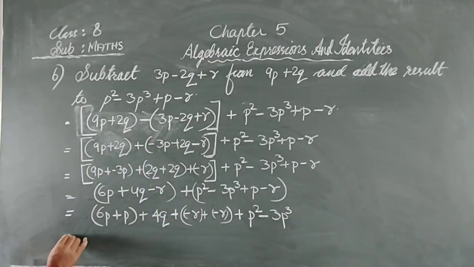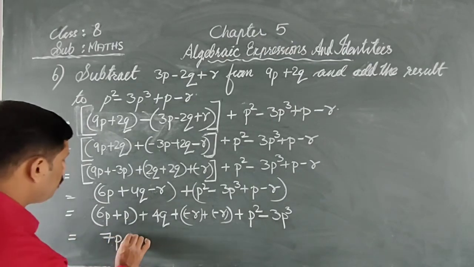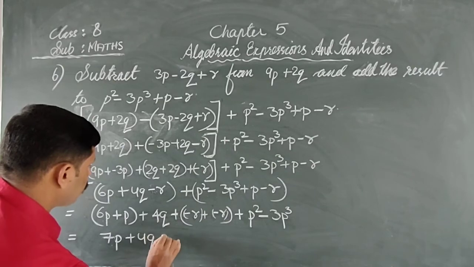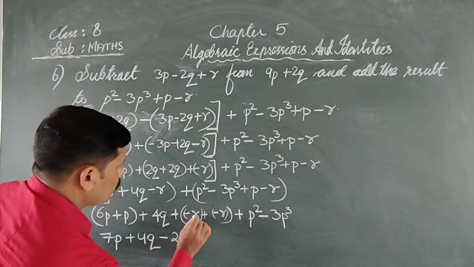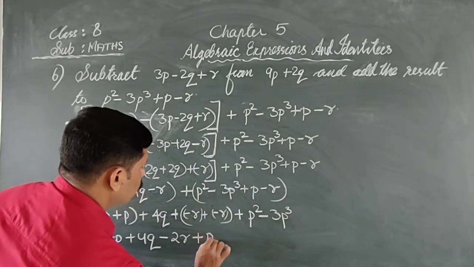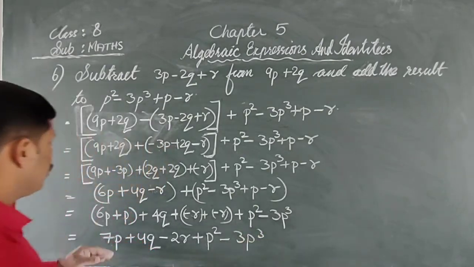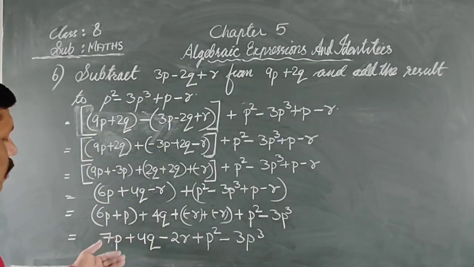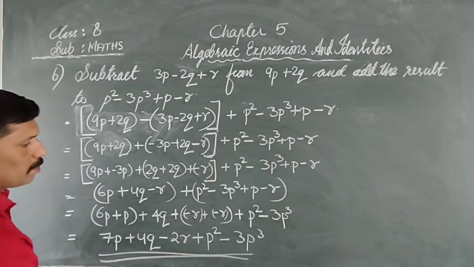Then 6p and p is equal to 7p plus 4q minus 2r, negative r and negative r, negative 2r, plus p square minus 3pq. If we arrange according to the value of p, then we can arrange this first and the second. So no need to arrange, here we stop.